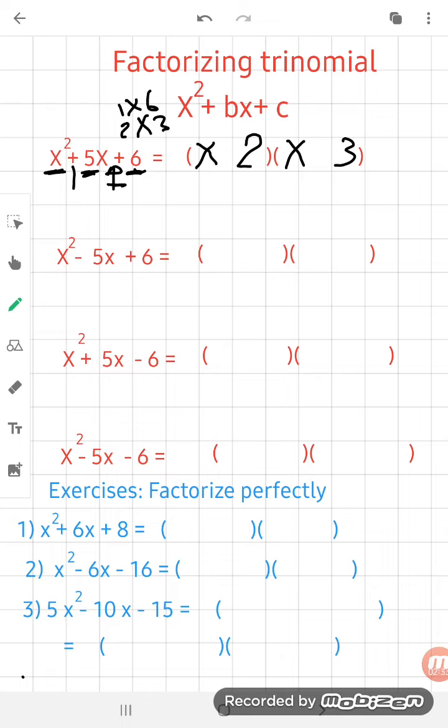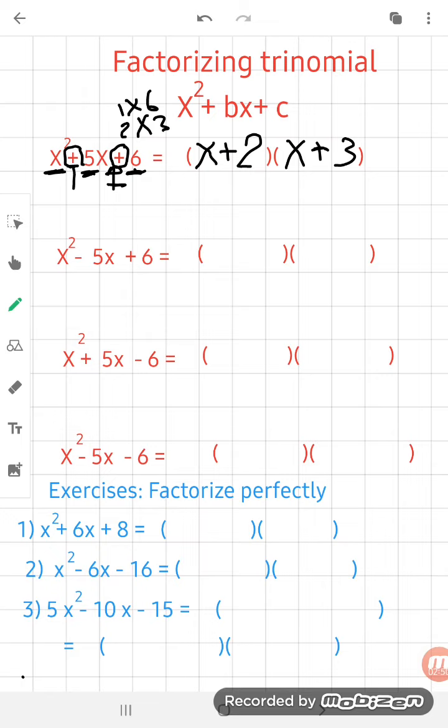So in this example, the last sign is positive, so the two signs are the same as the middle, so we write here positive and positive.